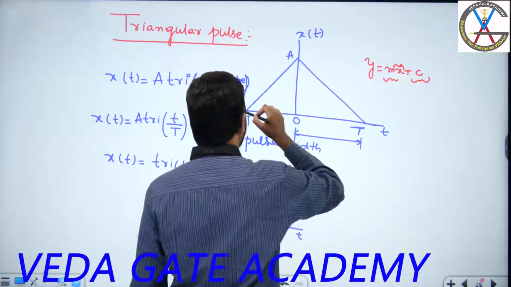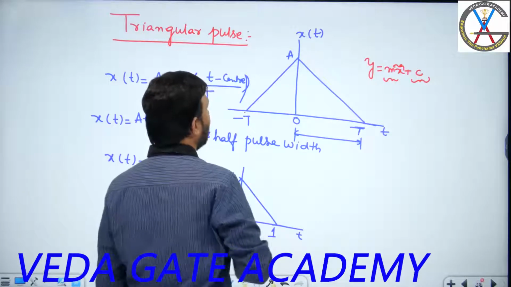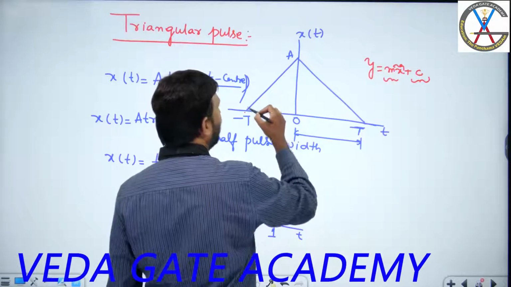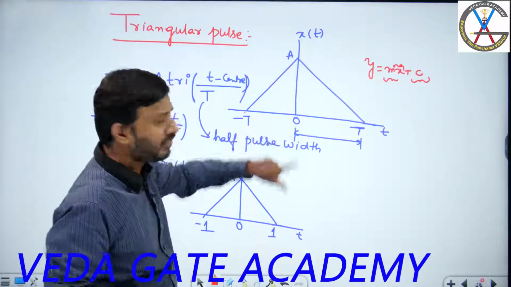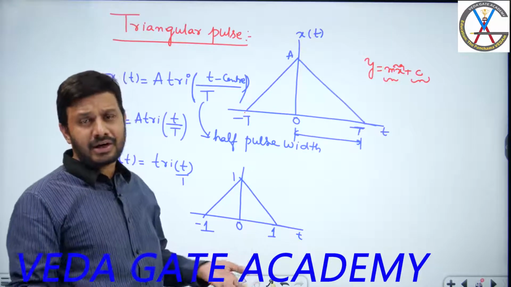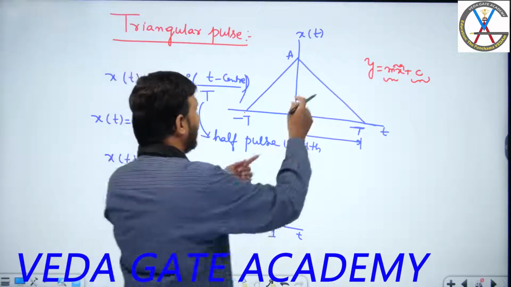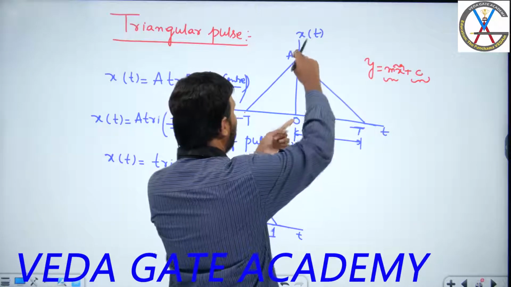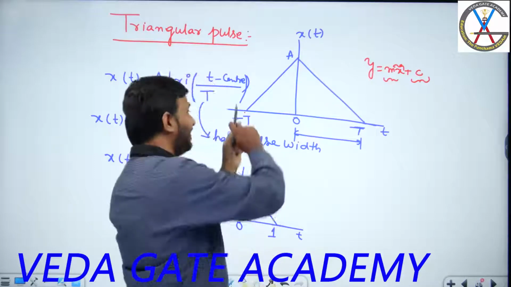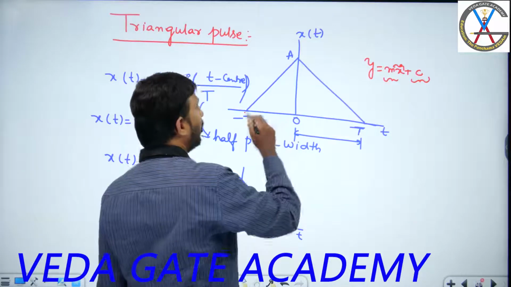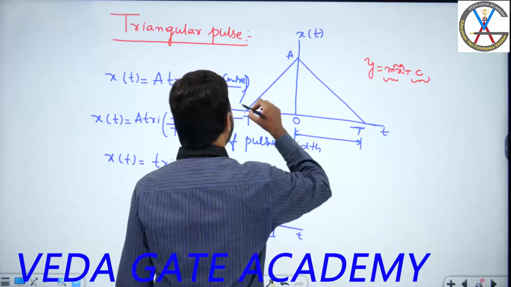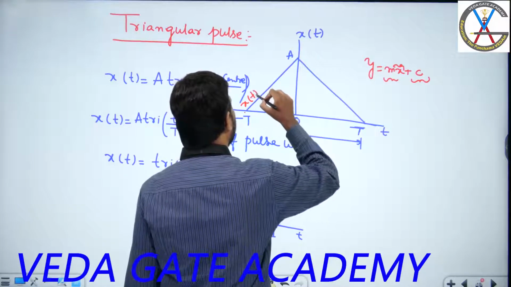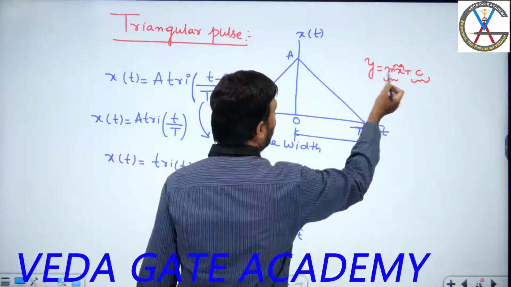Now if I want the equation of this line, how can I write it? What is the slope from minus T to 0? Slope is vertical coordinate by horizontal, no? Here, height is A, width is T, and this is increasing, means slope is positive. Slope is A by T. So what will be the equation of this line? x of t is equal to y is equal to mx.